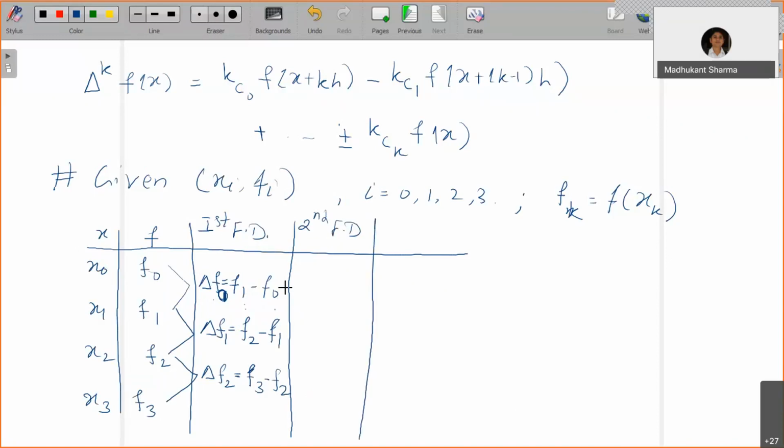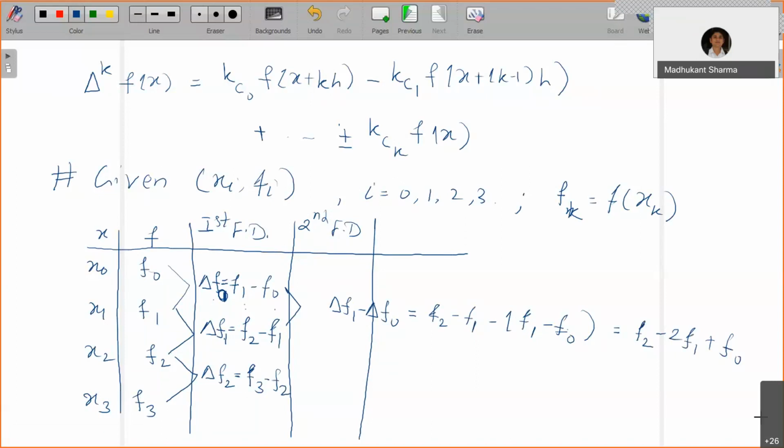So you are going to use this. Delta f1 minus delta f naught, the difference of these. If you simplify, replacing f2 minus f1 minus (f1 minus f naught), that equals f2 minus 2 f1 plus f naught.